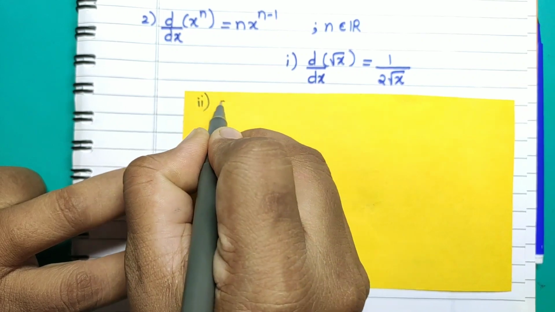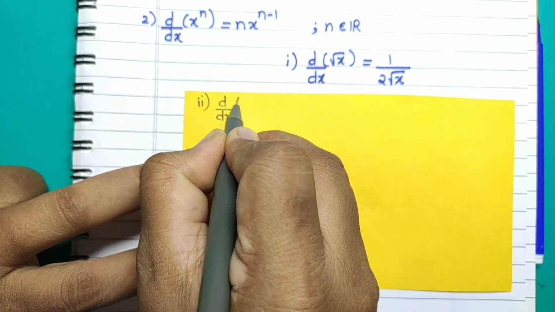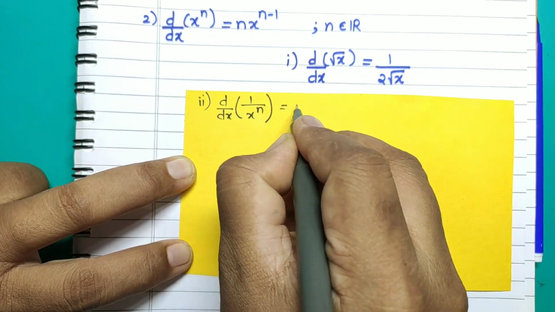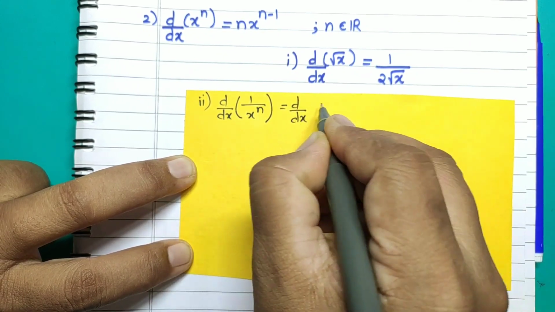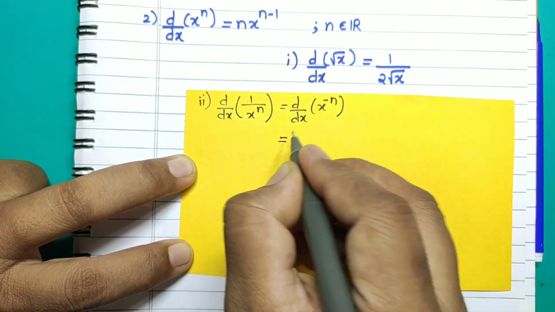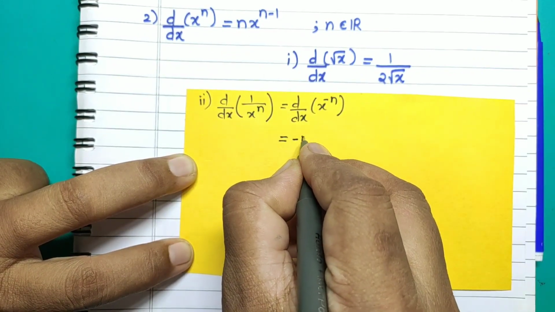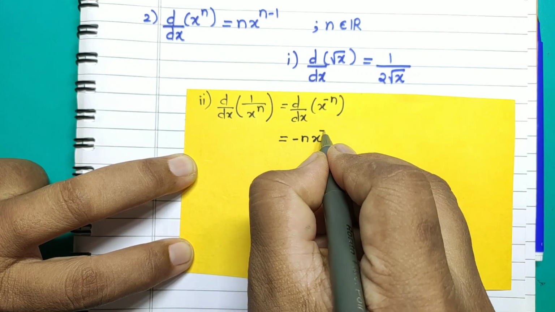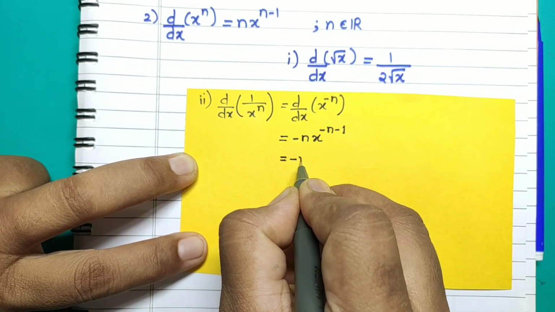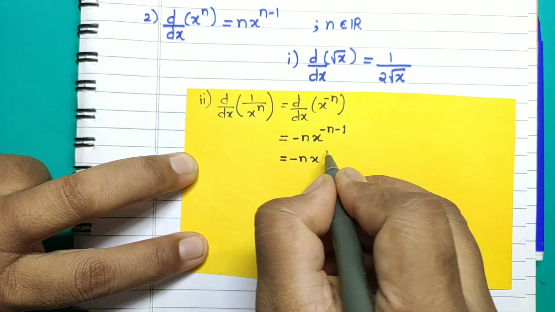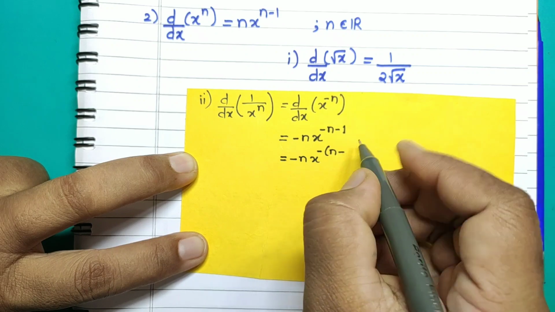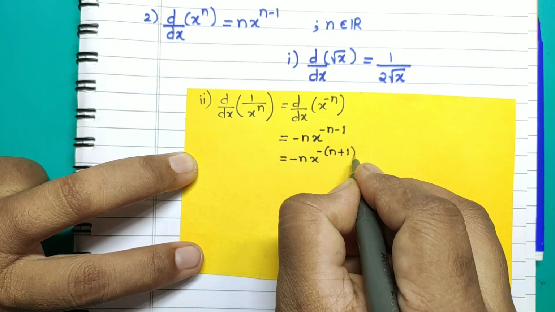Second case, derivative of 1 upon x raised to n. So this is nothing but derivative of x raised to minus n. So applying this result, we have minus n into x raised to minus n minus 1. So we can write it as minus n into x raised to, taking minus sign common, power is minus n plus 1.